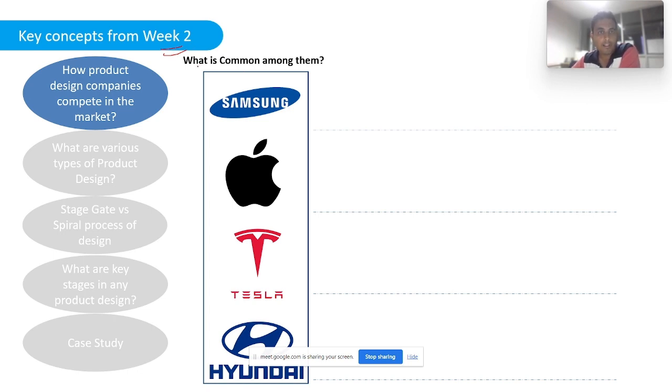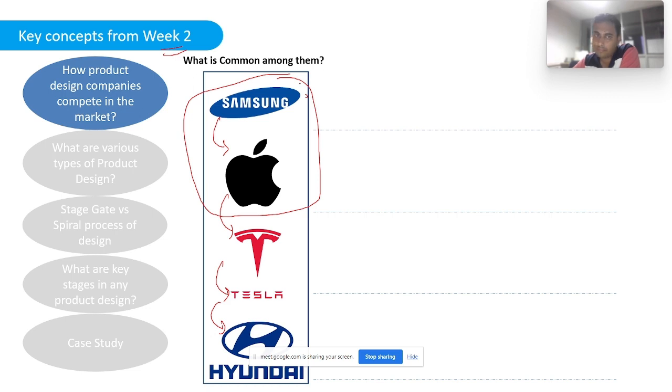Now you can see here there are different companies, the trademarks of different companies. What do you think is common among them? First, tell me about these two companies, Apple and Samsung. Both of them are good names in mobile manufacturing.